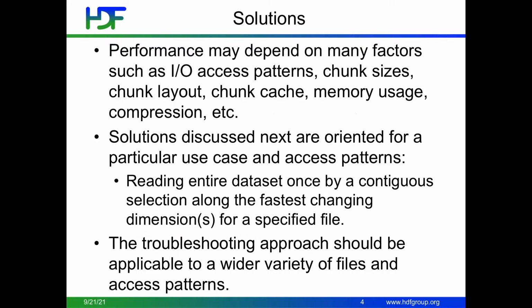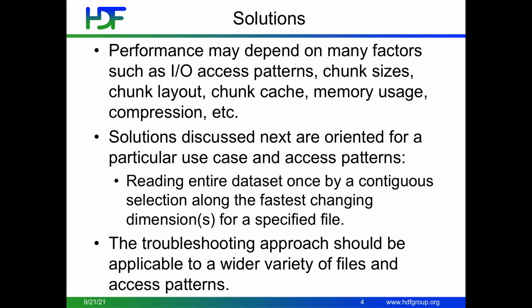Performance really depends on many factors, especially on access patterns, chunk sizes, and chunk cache, which will affect your memory usage, and of course compression algorithms and chunk layout in general. How data is chunked affects your performance.